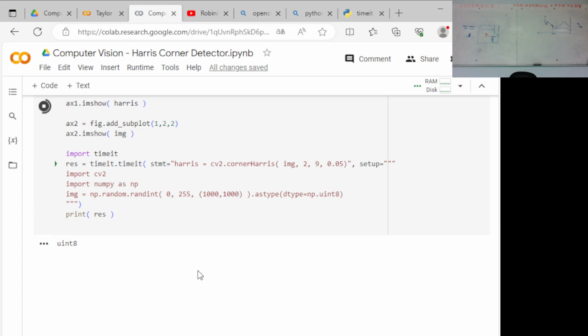On a modern CPU, time is in seconds. And then 900 microseconds. Yeah.